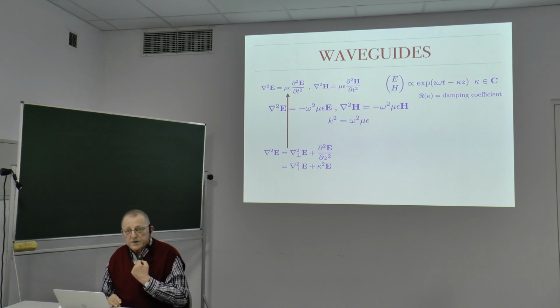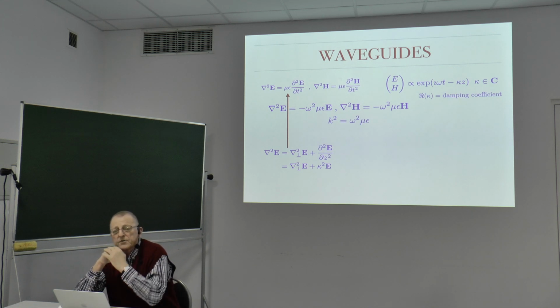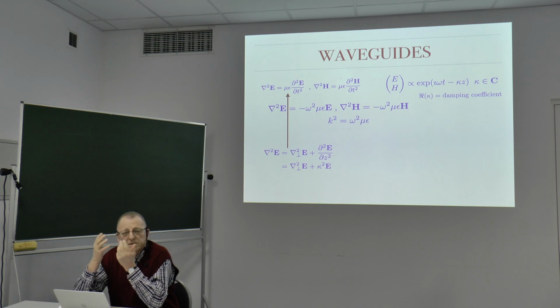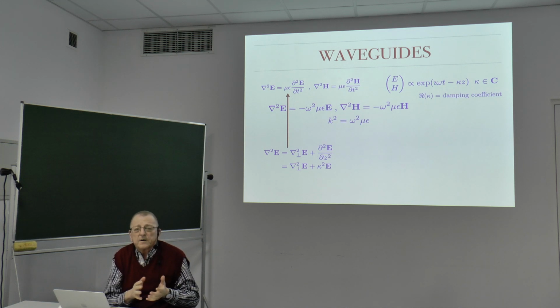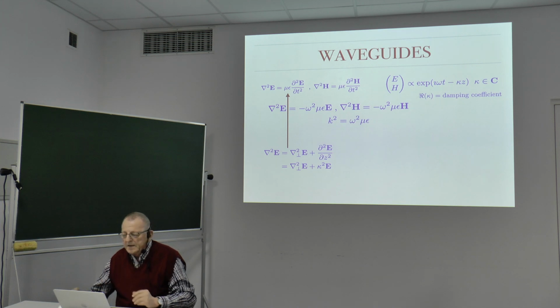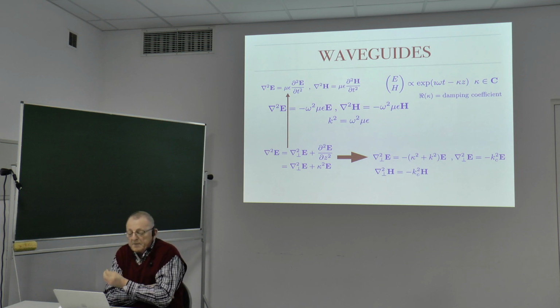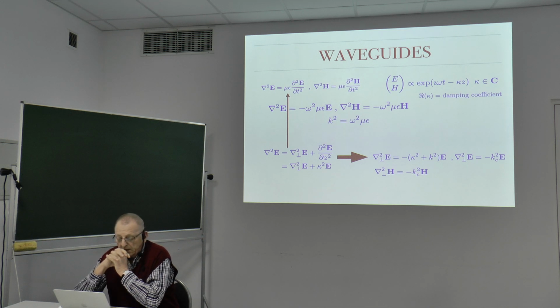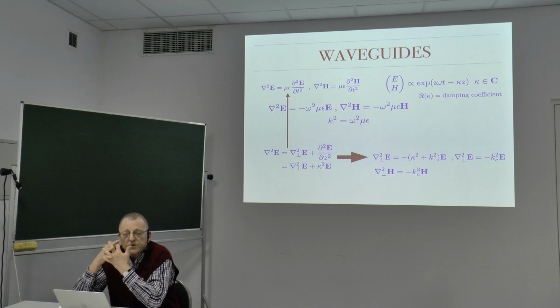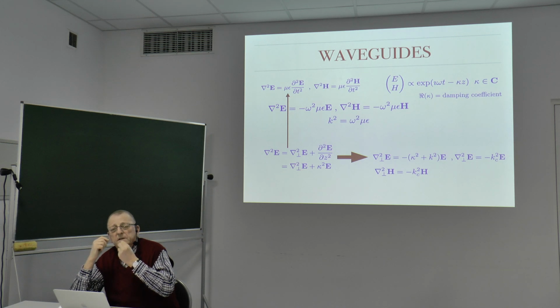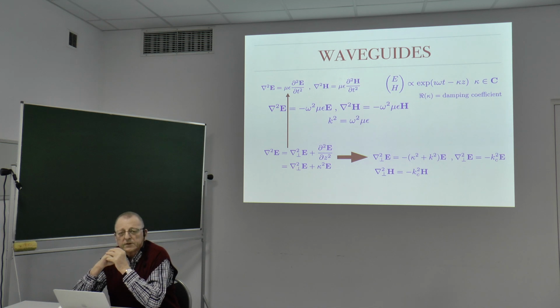But I have made an assumption that the electric and magnetic field depend in the z direction as e to the minus kappa z, so I can carry out the second derivative with respect to z very trivially, and my Laplacian decomposes into a transverse part of the Laplacian plus kappa squared times E. So when I do this, then my wave equation for electric and magnetic field becomes very simple, and they have now the transverse Laplacian, and there is a right-hand side, and the coefficient on the right-hand side is k squared, which is the wave vector related to the oscillations with the frequency omega, and this coefficient kappa, which we introduced from the very beginning.